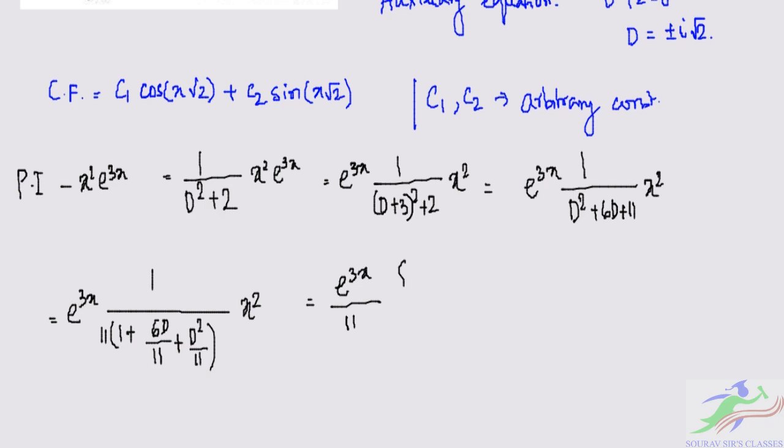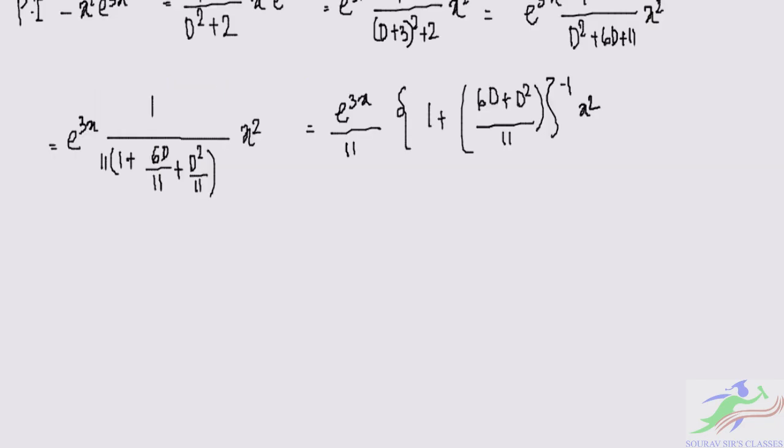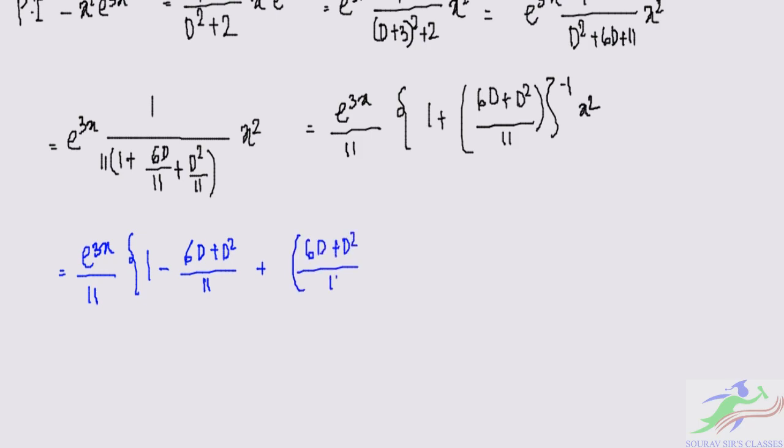So we can write this as e^(3x)/11 times (1 + (6D + D²)/11)^(-1) x². Expanding, we can go up to the second term: 1 - (6D + D²)/11 + ((6D + D²)/11)² up to x².